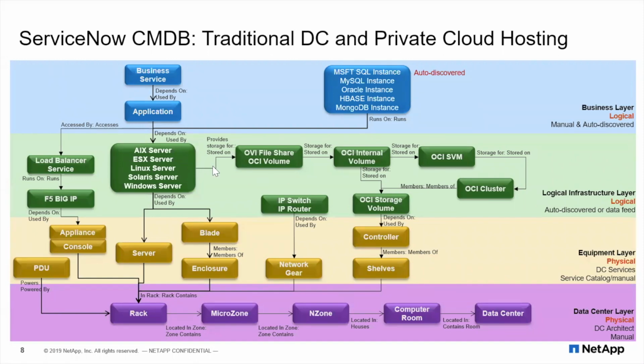It creates the tables that are required and uses the IPs that it gets from OCI for what the file shares and volumes are exported to, and uses the CMDB, IP, and server data to create connectivity.